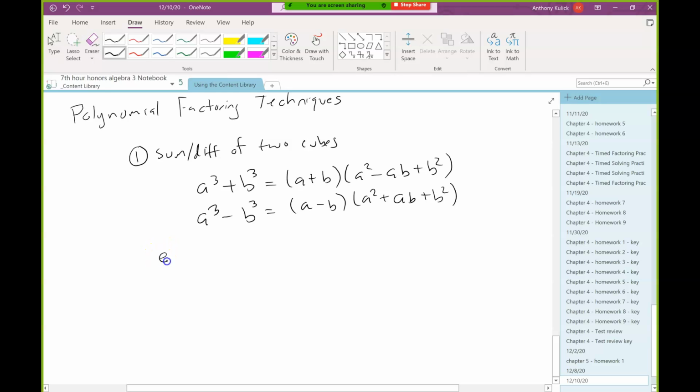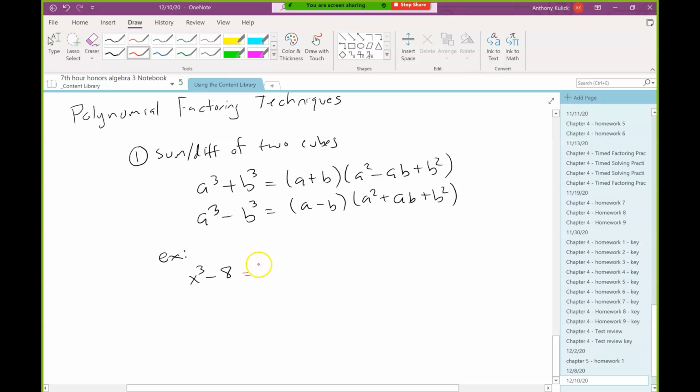So let's do a little example to kind of get you a feel for how that's going to work. So let's say we have x cubed minus 8. Well, this looks like it could be a difference of two cubes because I have two things that are being subtracted, and the exponent on the variable is divisible by 3.